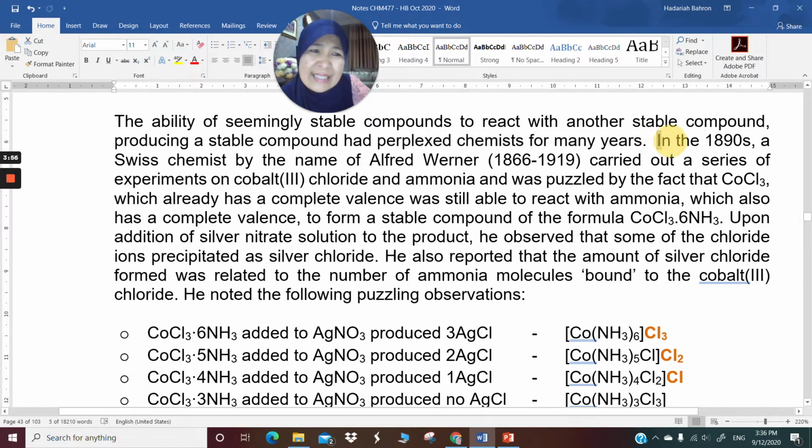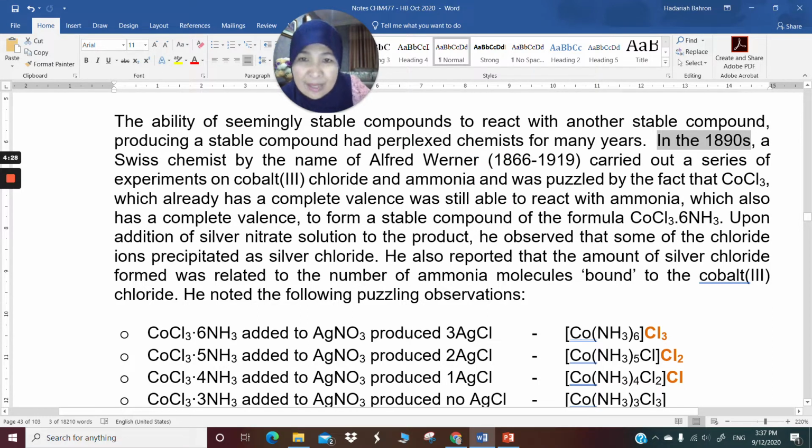So in the 1890s, this is year 2020, so about 130 years ago, a Swiss chemist by the name of Alfred Werner, who was born in 1866 and died in 1919, carried out a series of experiments on cobalt 3 chloride. He had cobalt 3 chloride salt and he had ammonia.